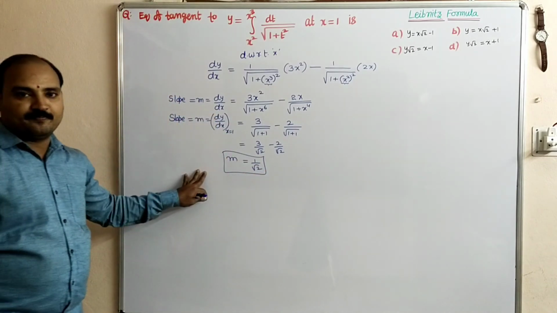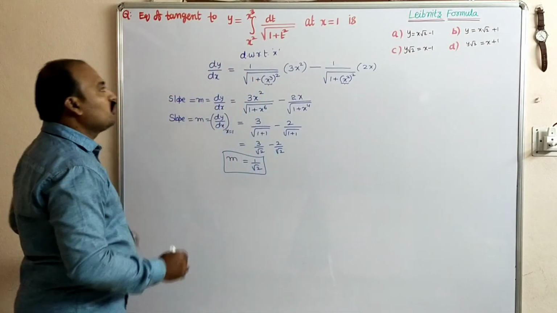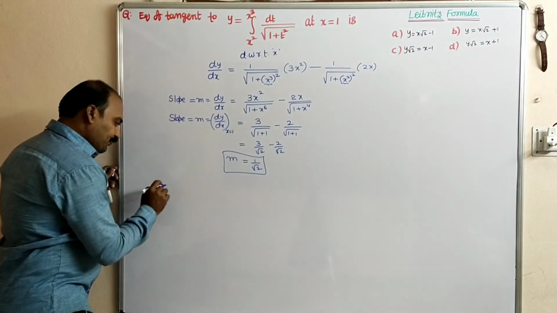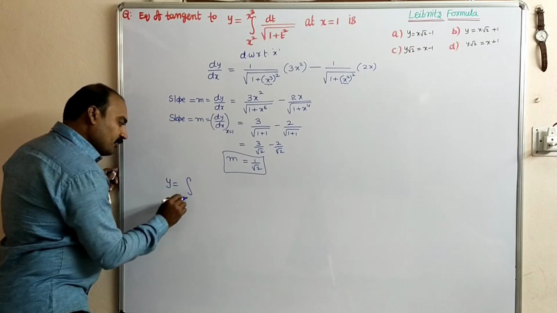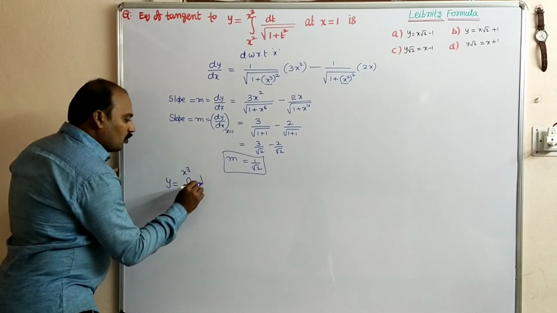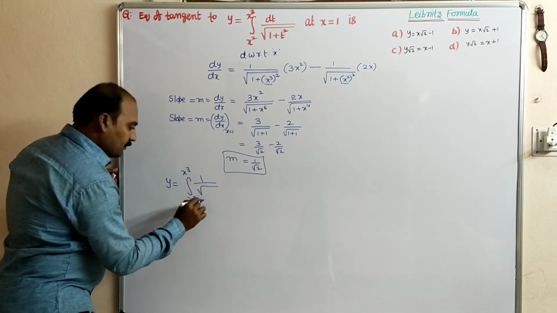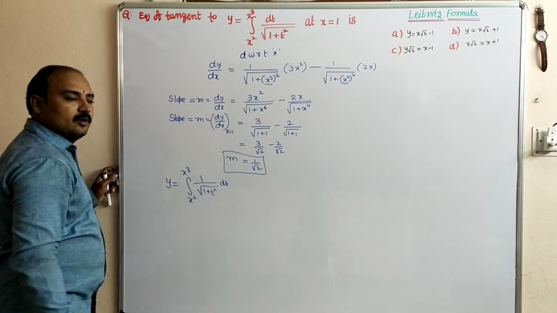We got the slope, and the x1 value is also there. How to get the y value? Consider y equal to integral from x square to x cube of 1 by square root of 1 plus t square into dt.